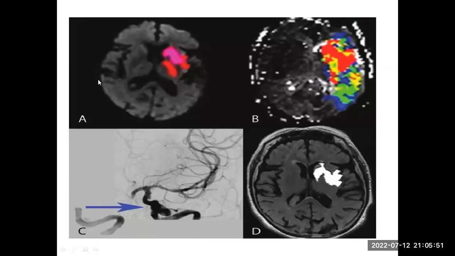There is restricted mobility of the water molecules in that area. And this can be seen whenever there is an element of cytotoxic edema in the brain tissue.